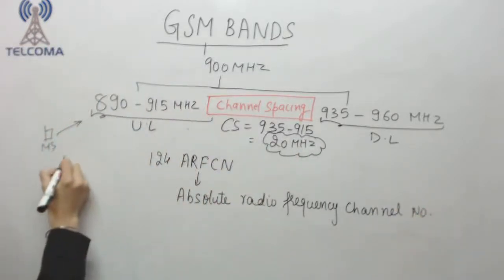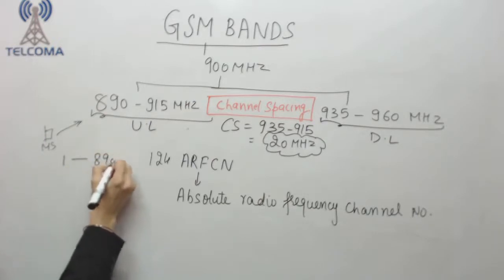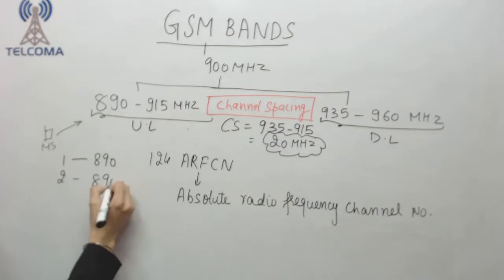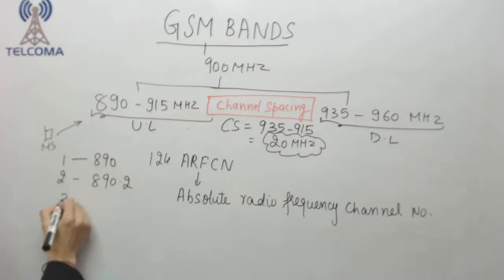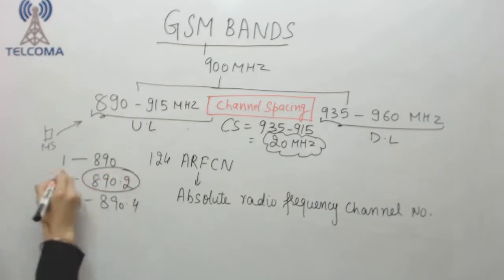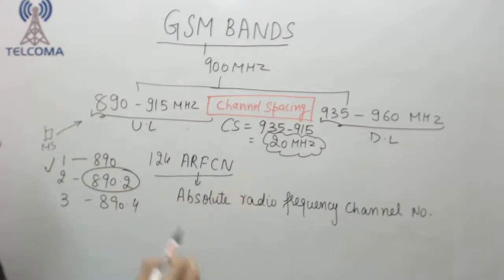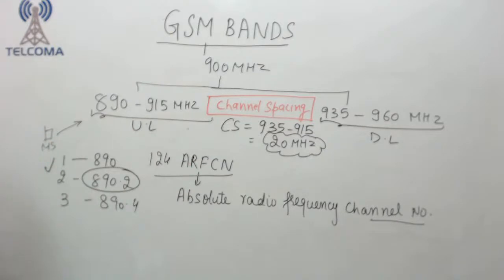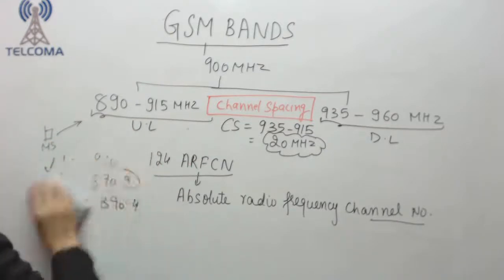For example, ARFCN 1 corresponds to frequency 890, number 2 to 890.2, because we are leaving 0.2 megahertz as spacing between the carriers, then 890.4. This is the frequency and this is the channel number. So this is how we calculate the total number of ARFCN in a band.